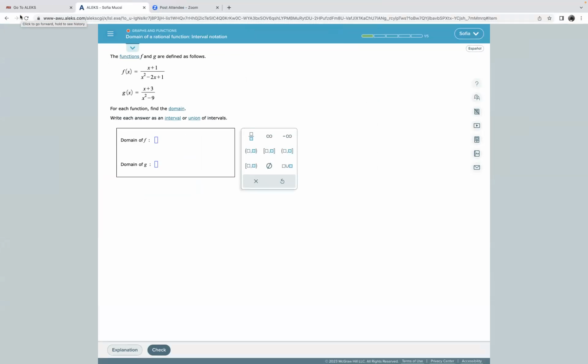So the first one, you're basically just factoring the bottom. Ignore the top. The bottom one, we can start with the bottom one because that's x plus 3 and then x minus 3. That's right. And you set both of those not equal to 0. Those become your excluded values, which are negative 3 and positive 3.